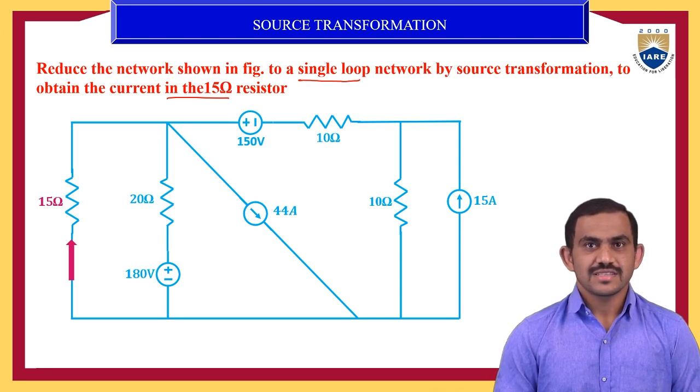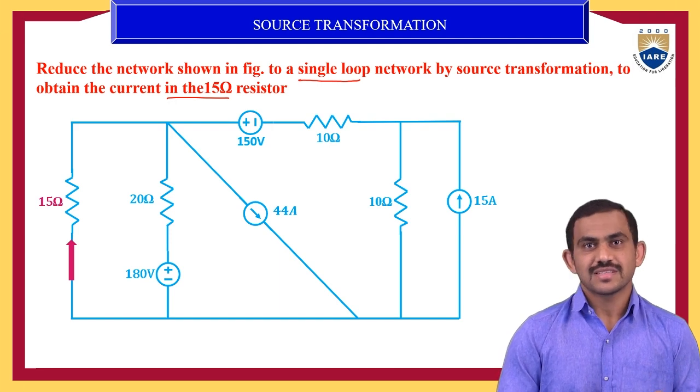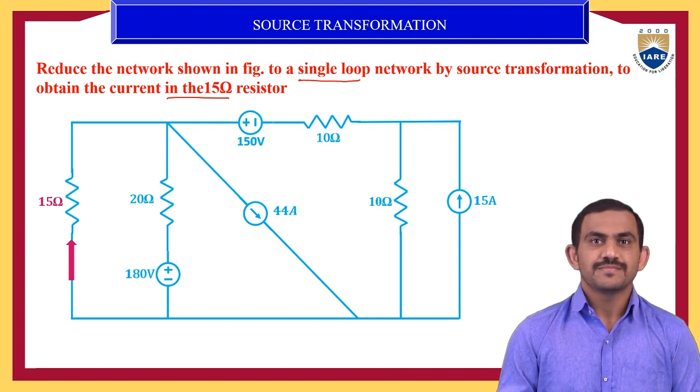These are the conditions. Before going to discuss this problem, what is source transformation? Source transformation is nothing but when a voltage source in series with one resistor can be converted to a current source in parallel with the same resistor. Okay, I will show you that diagram.